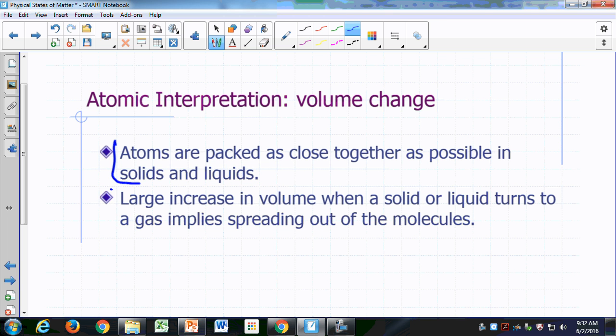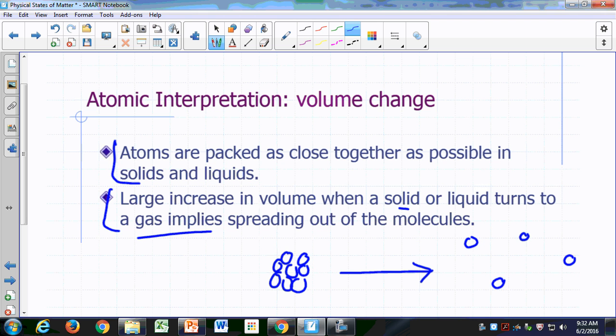Why is there a very large increase in volume when a solid or liquid turns to a gas? The way you would interpret that is this. The atoms are closely packed together in a solid or a liquid. If they turn into a gas, you just have a spreading out of the atoms or the molecules. If they're grouped into molecules, then the molecules will spread out.